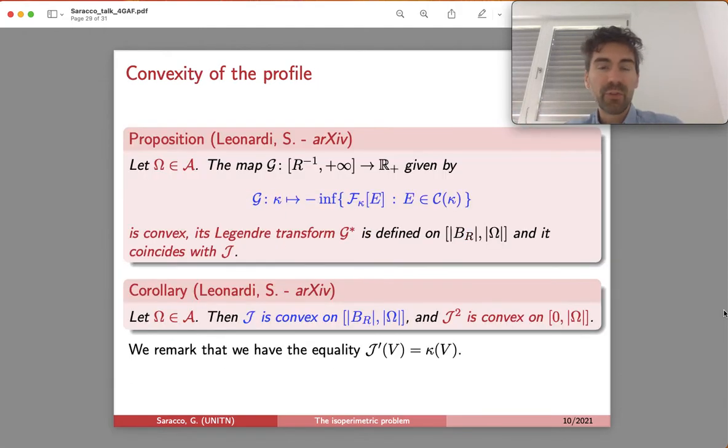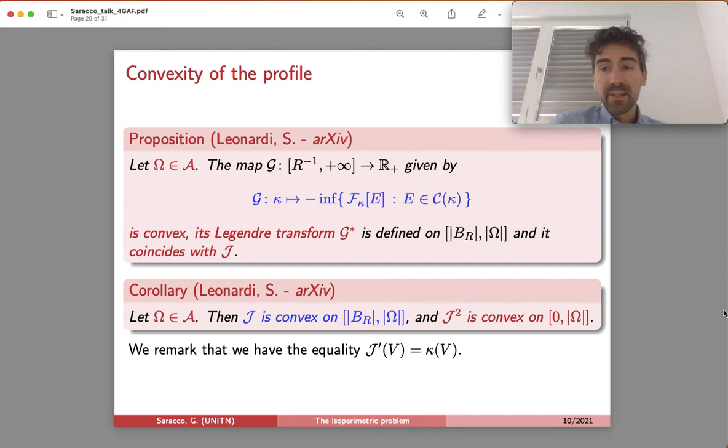And what can we say about the profile? Well, almost as a corollary, as a side effect of our result, it follows that the isoperimetric profile is convex. Okay, so I haven't been really precise in this statement. The real statement is the following.